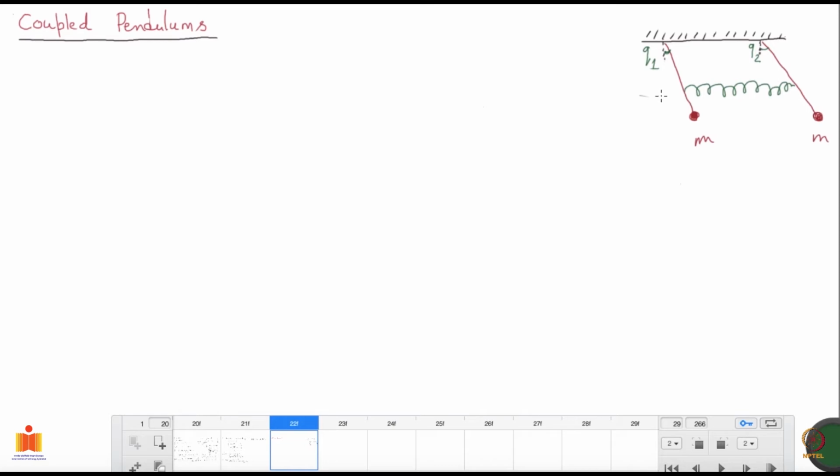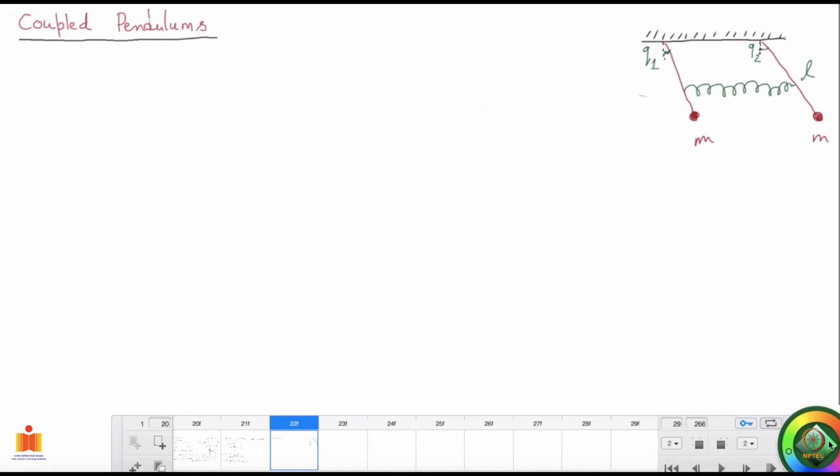Let's say the length of the pendulum is L. Both of them are of the same length. Masses are M, as I've said. So if you write down the kinetic energy and potential energy, you will find the following.